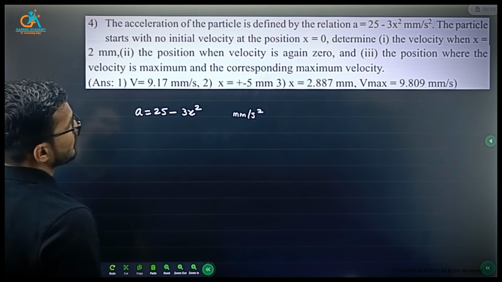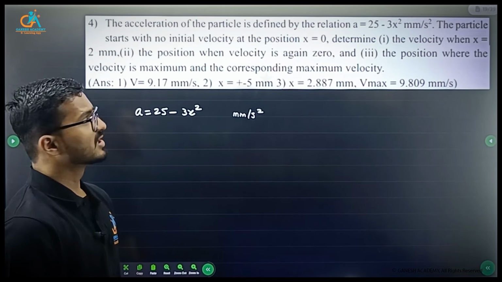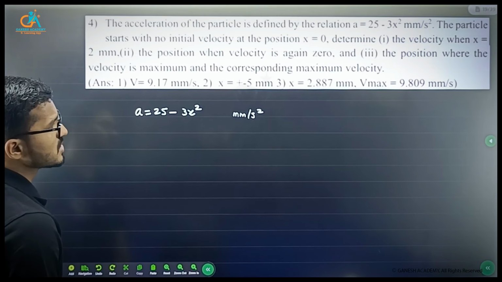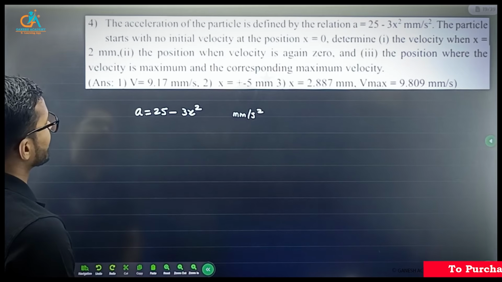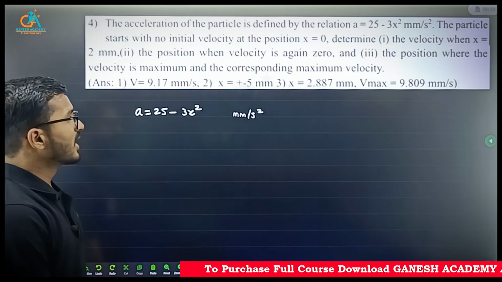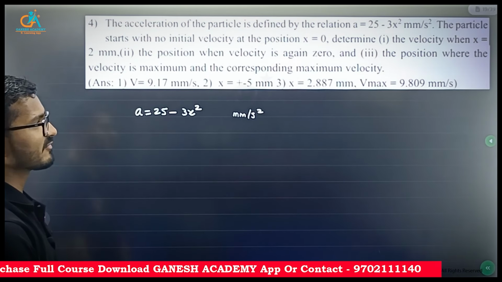The particle starts with no velocity at the position x is equal to 0. Determine the velocity when x is equal to 2 mm, the position when the velocity is again 0, and the position where the velocity is maximum and the corresponding maximum velocity.